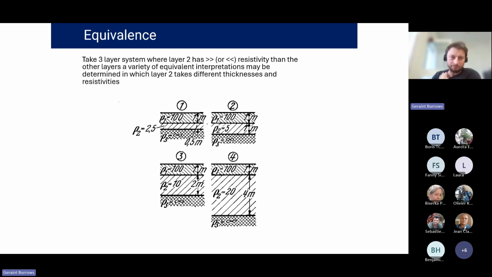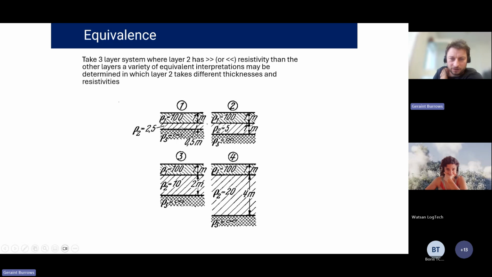Next thing is the equivalence, which is really stating that, because of the way that you're measuring resistivity in the ground, if you've got, for example, in this example, a 3-layered system where layer 2 has much lower resistivity than the layer above it.